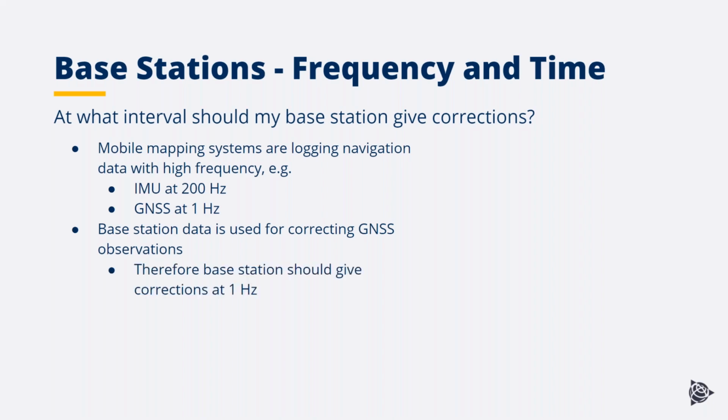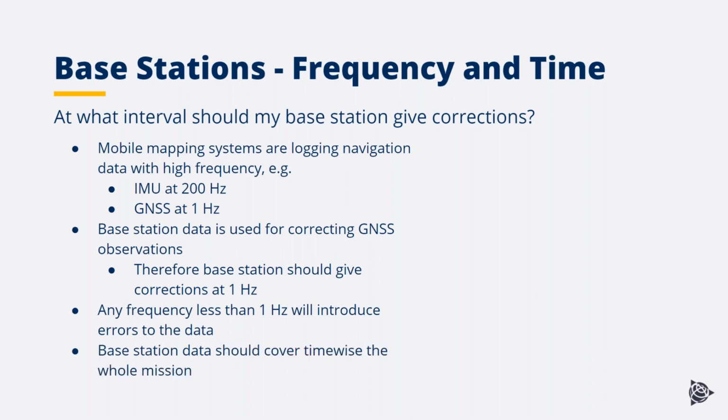So therefore, the base station should also give corrections at 1 Hertz. For example, if we get correction with only 15-second interval, anything between those 15 seconds is not corrected properly. So you will get some errors to the data if you use anything less than 1 Hertz. Also keep in mind that the base station data should cover time-wise the whole mission from the start to the end.